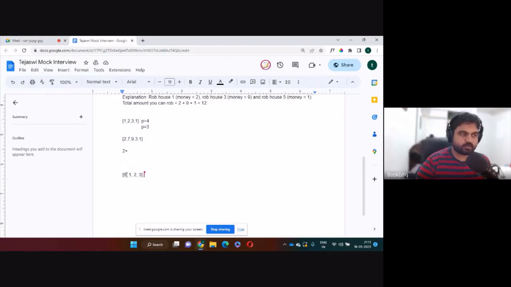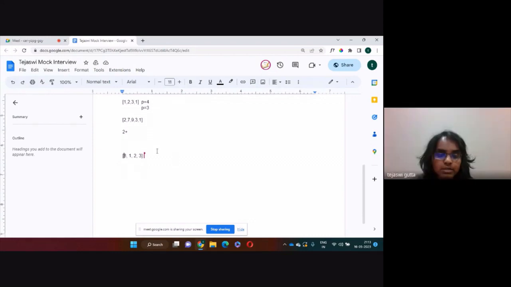Sure. So what would be the recursive approach in this case? The recursive approach in this case will be that the base case would be that if I reach the end of the array, I would return zero as the maximum profit.